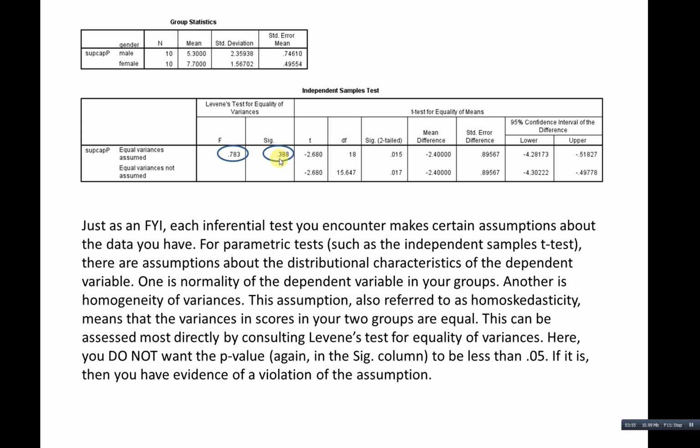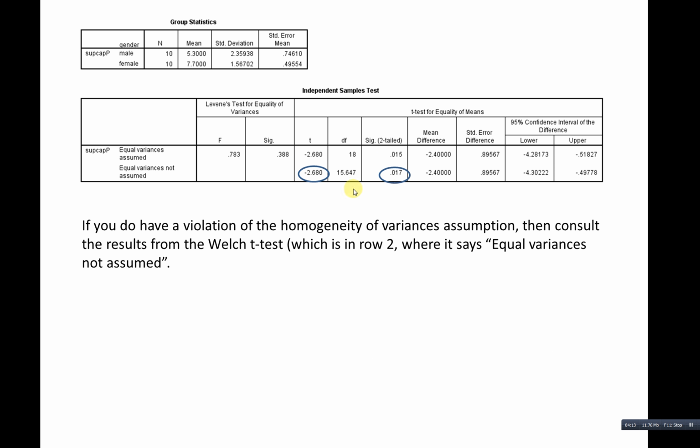But if this p-value happened to be less than or equal to 0.05, then that would give us cause for concern in terms of trusting our inference based on this printout right here. So we might then go to the next row, and you can see in this particular case it does not assume equal variances. This is referred to as the Welch t-test.